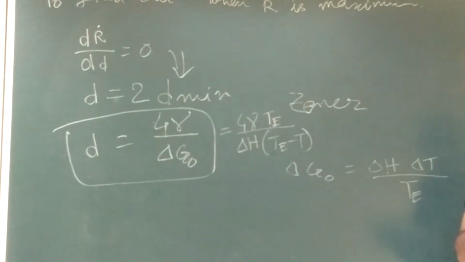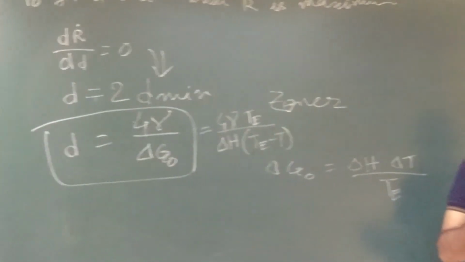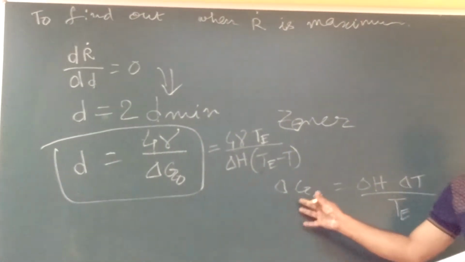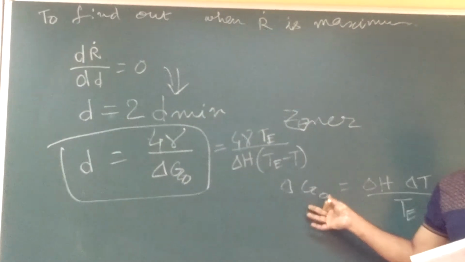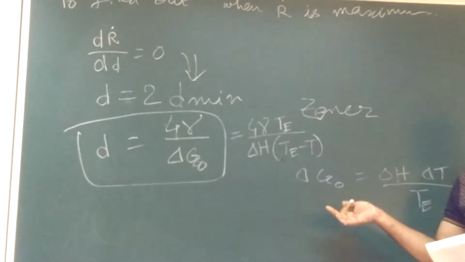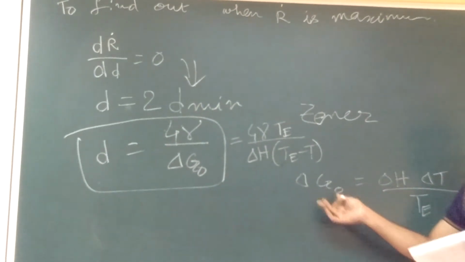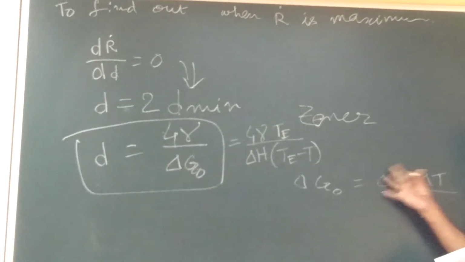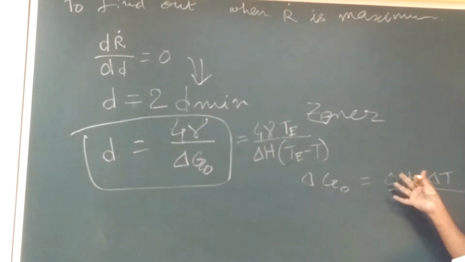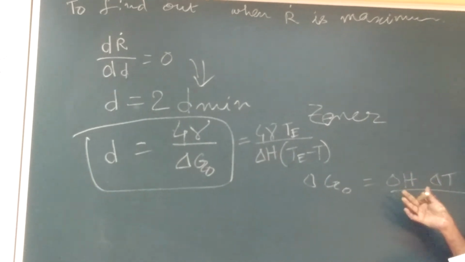H is the latent heat of transformation per unit volume of pearlite. Delta G naught is the Gibbs energy of transformation of pearlite per unit volume of pearlite. We know this equation. So delta H is the corresponding enthalpy change per unit volume of pearlite.